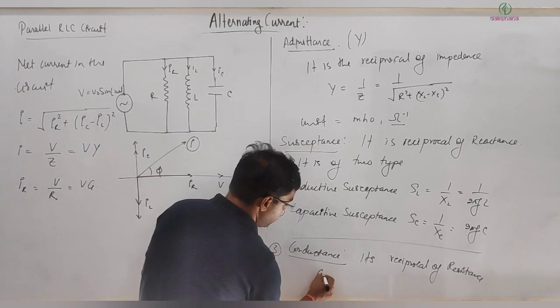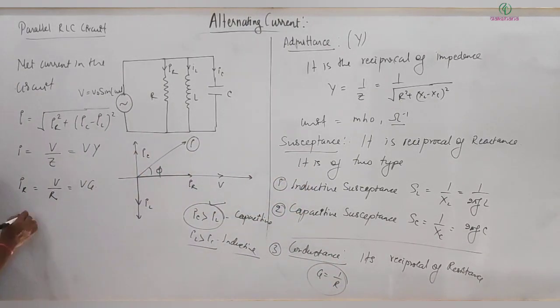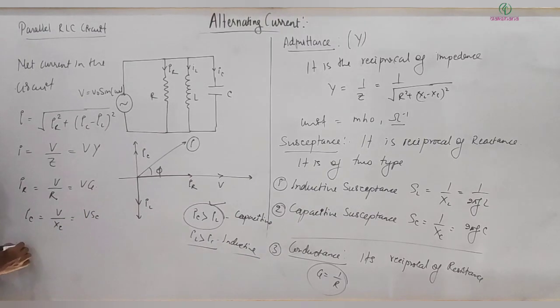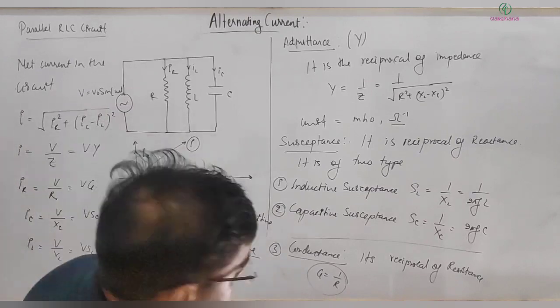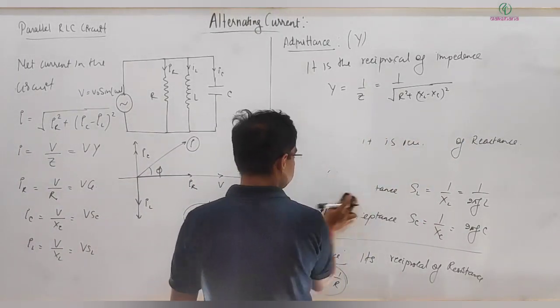So G is 1 by R. Alright, and IC is equal to V divided by XC, that you can write as V into SC. And similarly IL is equal to V divided by XL, that is equal to V into SL. Now I can substitute things here. Let me erase these terms. I hope you are familiar now with these terms.